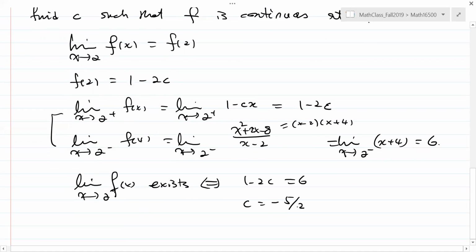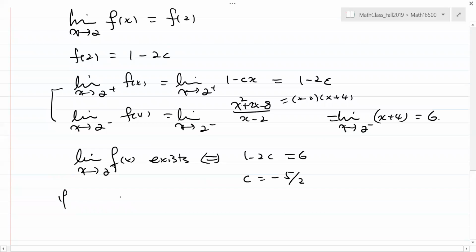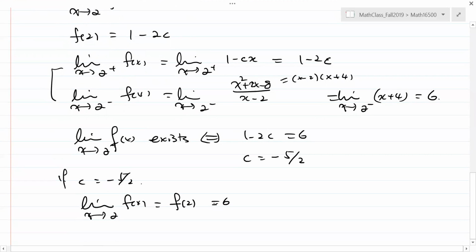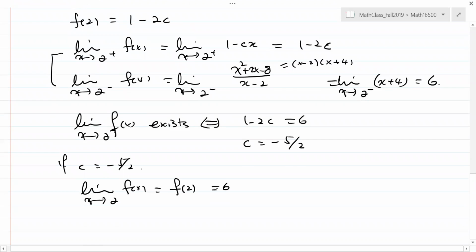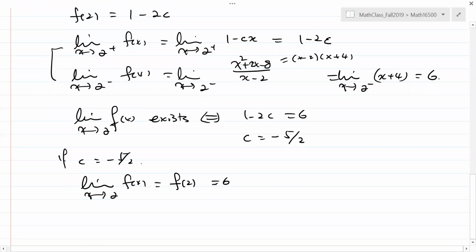Actually, in this case, the limit is also equal to the value of the function. So if c equals negative 5/2, this is going to be f of 2, which is 6. So the function is continuous at 2. The answer is c equals negative 5/2.